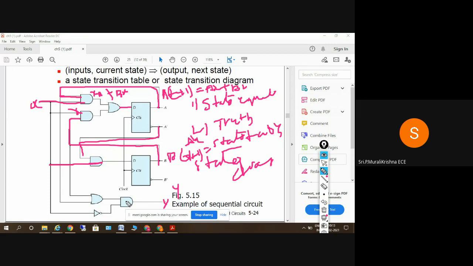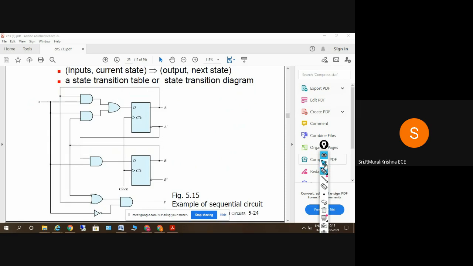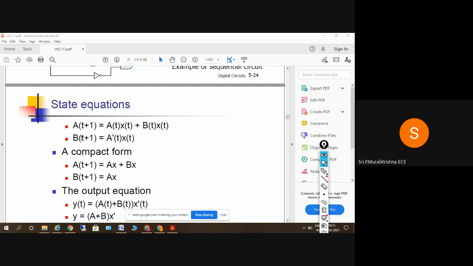A plus B into X bar, sir. X bar into A plus B. So that is the three equations. That is the first thing we have to do; these are three equations.